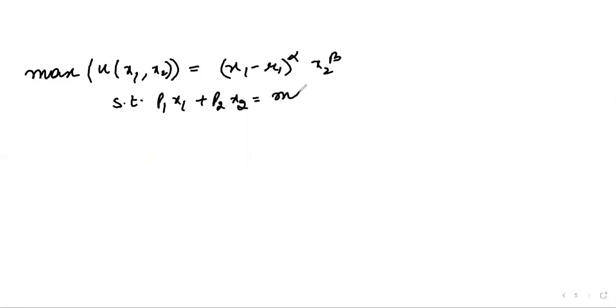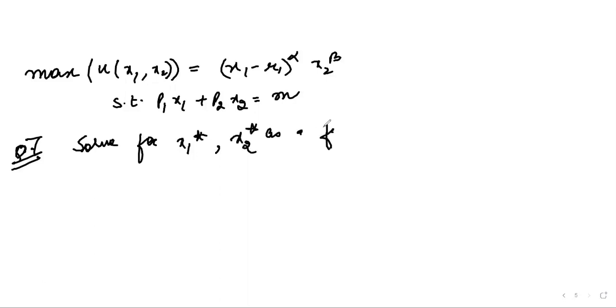I have to maximize the same utility function, but now what's the question that I have in mind? The question that is given to you is solve for x1 star, x2 star as a function of p1, p2, m and r1.